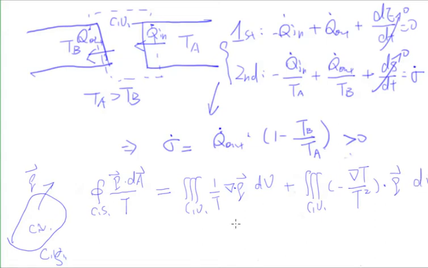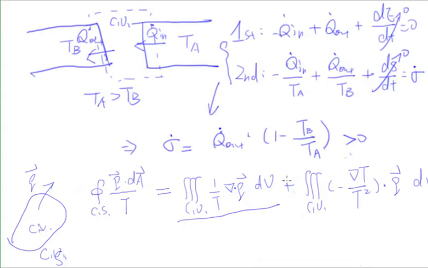We can see that this part is the reversible entropy generation due to heat transfer, because if we have, say, a uniform temperature, this term is basically 0.